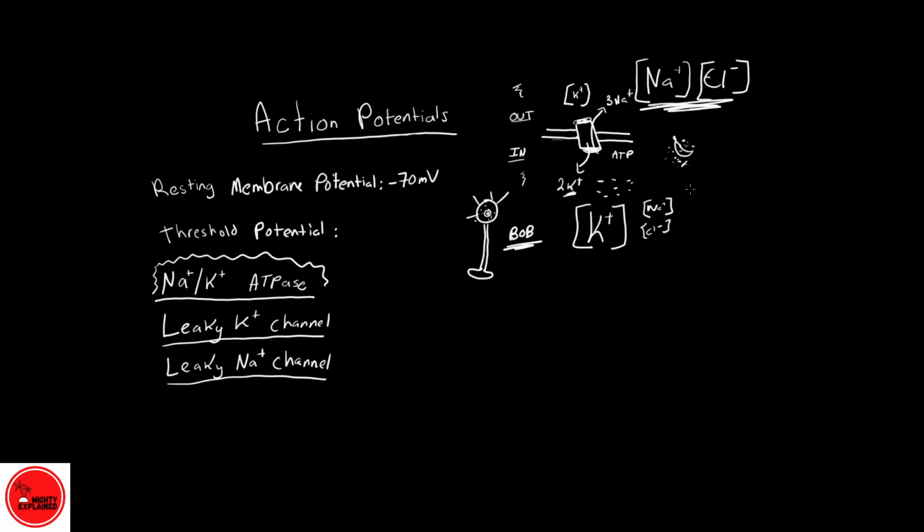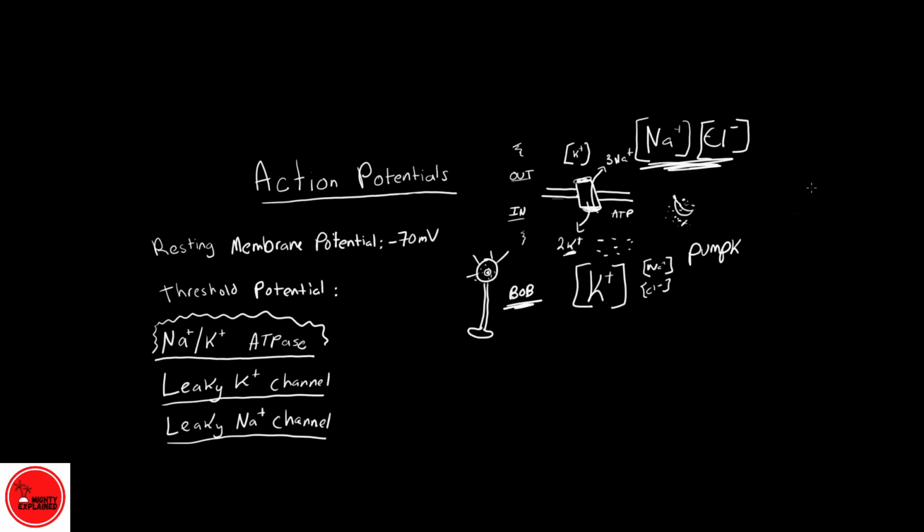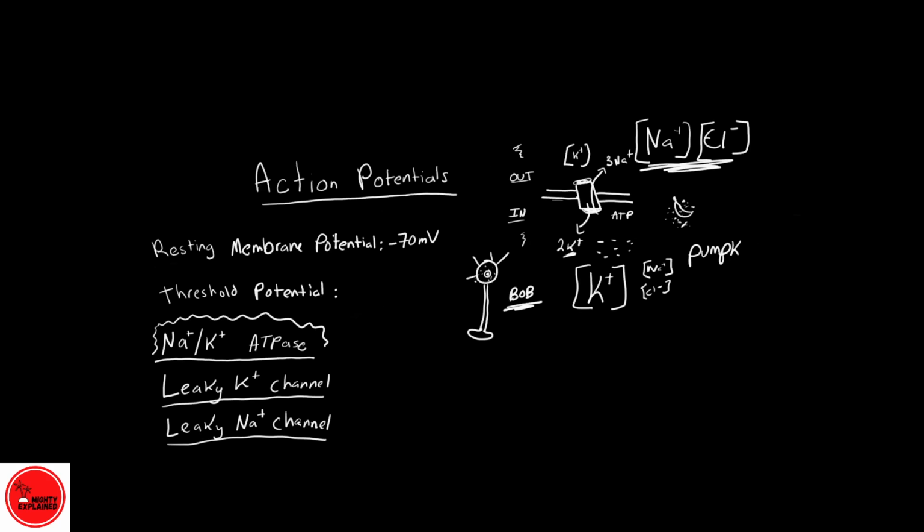So that's one thing. And then for the pump, 3 out, 2 in, you're sitting on a test, you're like, does the sodium, potassium, ATPase pump potassium in or out? Well, the answer is in, and you can just remember pumpkin. Let me put that down just in case you can't see that top portion.